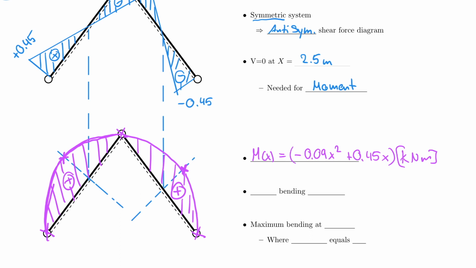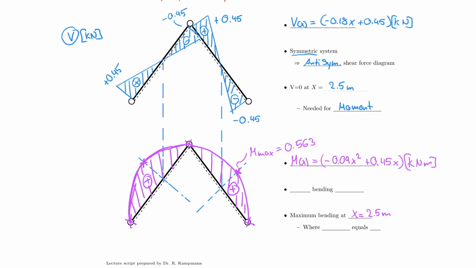And so if I want to find my maximum bending at x equals 2.5 meters, and I plug that in, then I find M max, which actually happens to be 0.563, and of course in kilonewton meter.